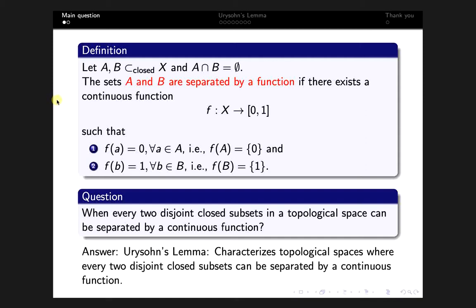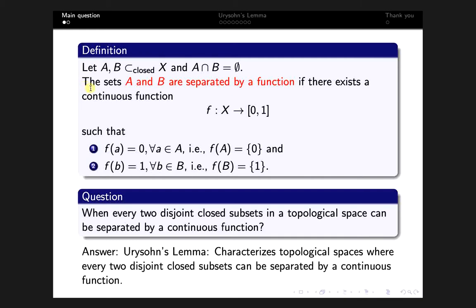Here is the definition. Let A and B be two closed subsets in a topological space X, and they are disjoint, that is A intersection B equals the empty set.